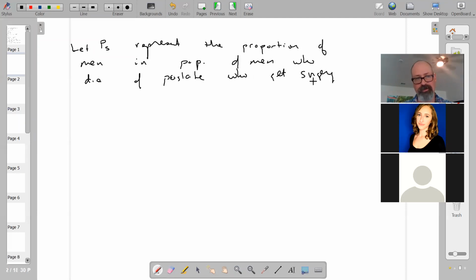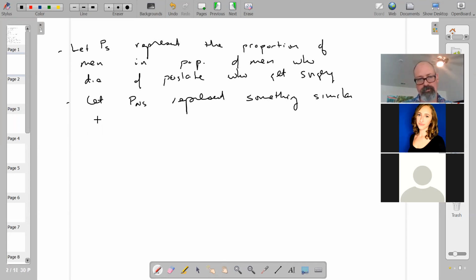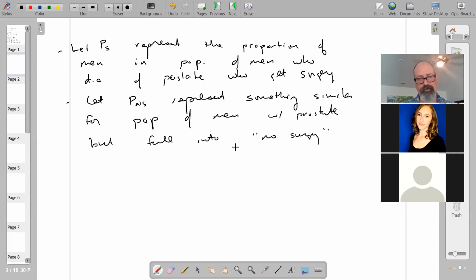We do have an estimate of it, and let P sub no surgery represent something similar for the population of men with prostate cancer, but who fall into the no surgery population.